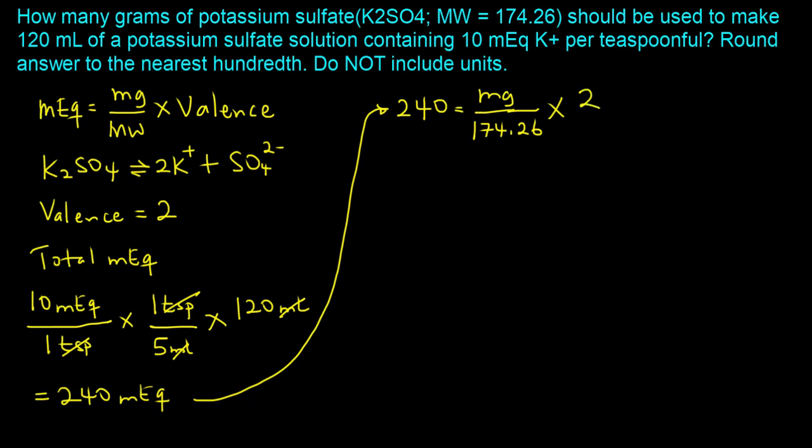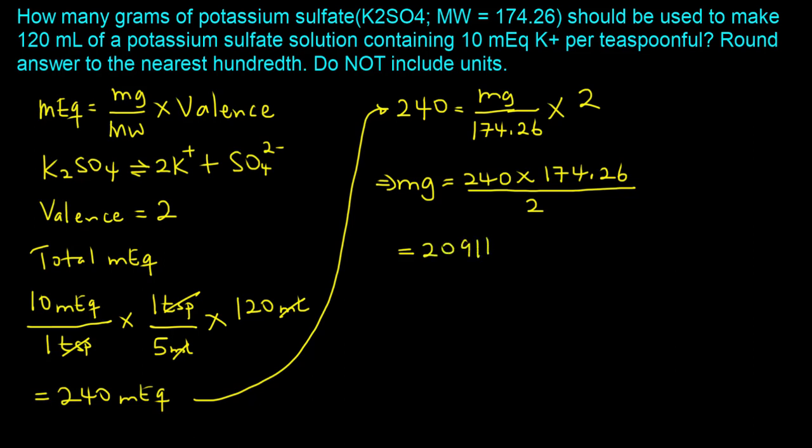We go ahead and solve for the unknown. So we have milligrams being equal to 240 times the 174.26 divided by 2. And that is equal to 20,911.2 milligrams.